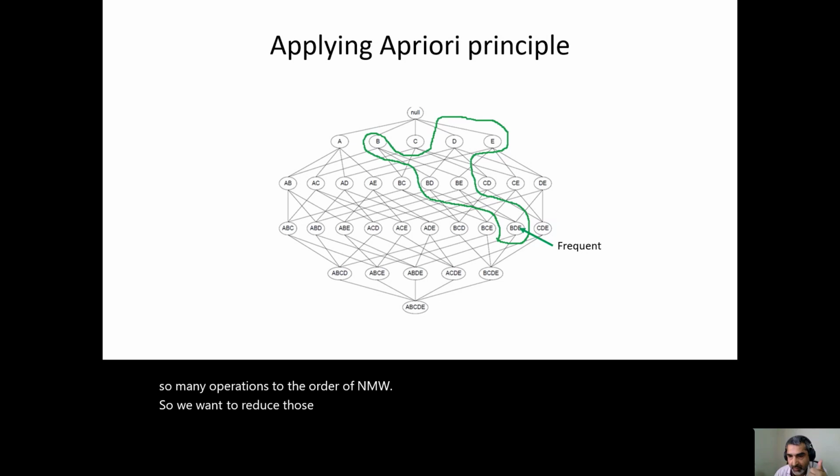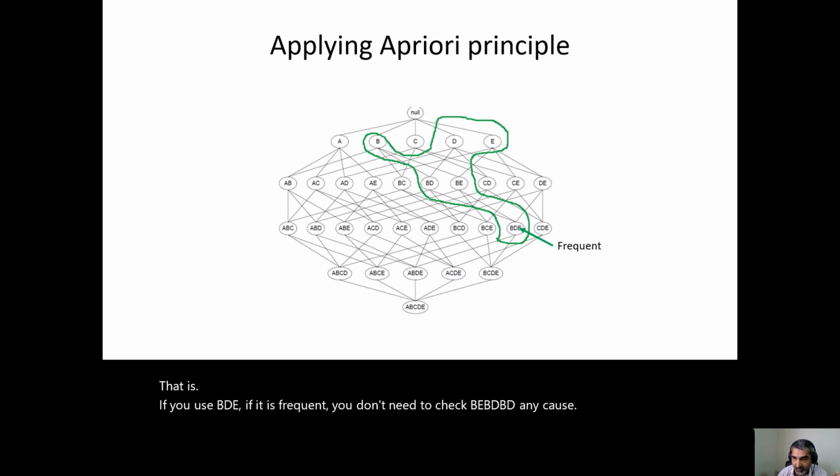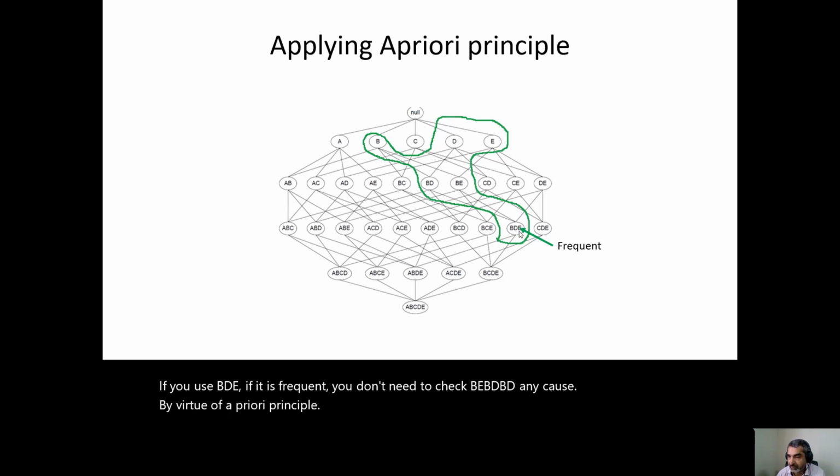So the first thing that I'm giving you is that we can use this a priori principle, which will, for example, if you know BDE is frequent, you don't need to check BE, BD, B, D, and E, because by virtue of the a priori principle, they will be more frequent than BDE.